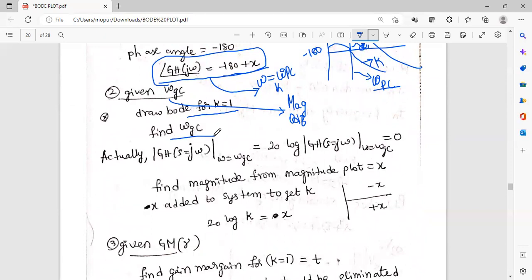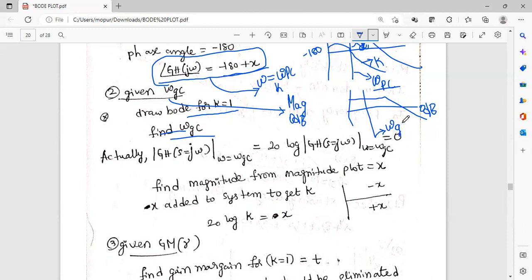At the given frequency, the magnitude should be 0. But find the magnitude from the Bode plot. Suppose this is the 0 dB line, and this is the Bode magnitude plot that you have got. This is the gain crossover frequency.